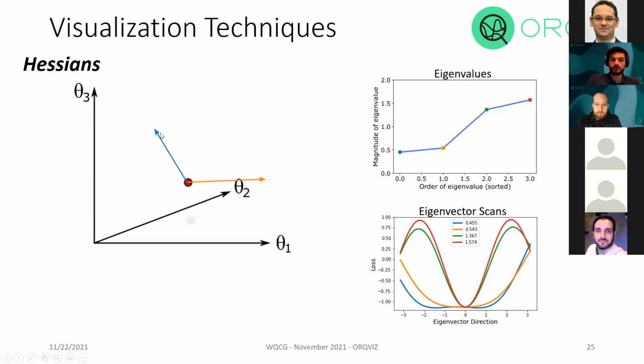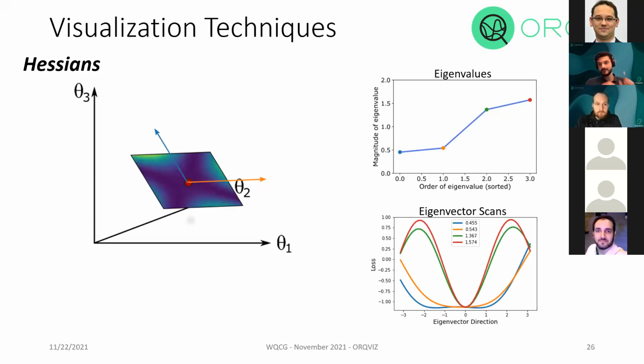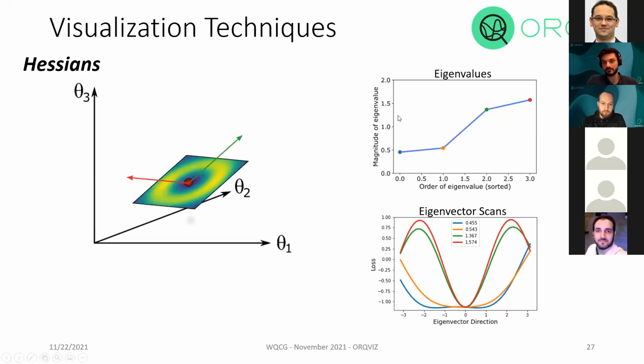And now we can also use these eigenvectors to span a plane. So we can take this plane that is defined by these 2 eigenvectors, and just like in PCA, we now choose a 2D plane which has the lowest curvature, locally at least. And we can do the same with the higher eigenvalues and their associated eigenvectors.